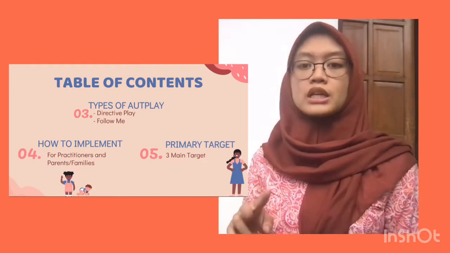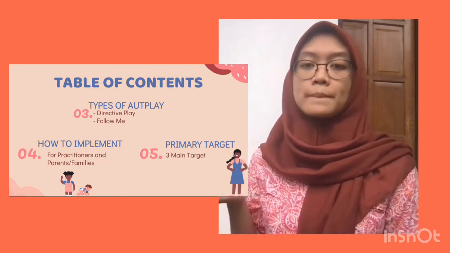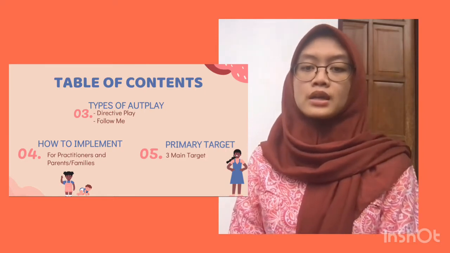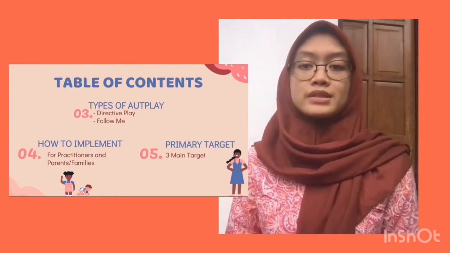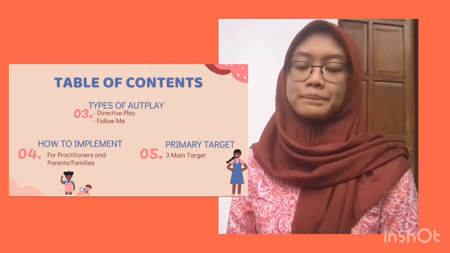There are two: directive play and follow me. I'll also let you know how to implement this Autplay Therapy for practitioners and family. I'll close my presentation by telling you the three main primary target areas of this Autplay Therapy. Like I've said earlier, feel free to interrupt me if you have any questions. This presentation will take around 15 minutes.